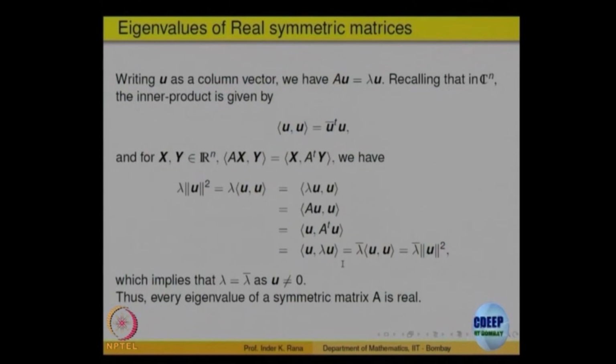Those are the properties of the dot product for C^n. Okay. So, that gives you lambda equal to lambda bar. Only here have we used that A is symmetric, A transpose is equal to A. Otherwise it is just the definition of the dot product, nothing more than that. So, all the eigenvalues are real.